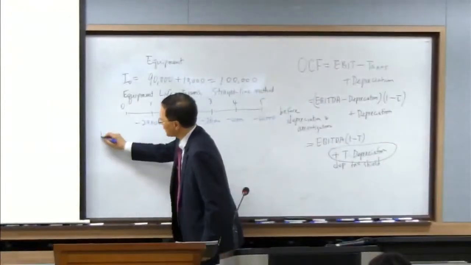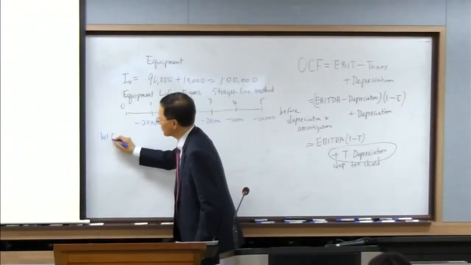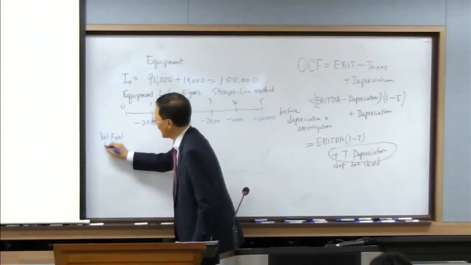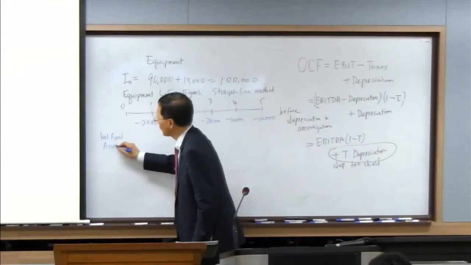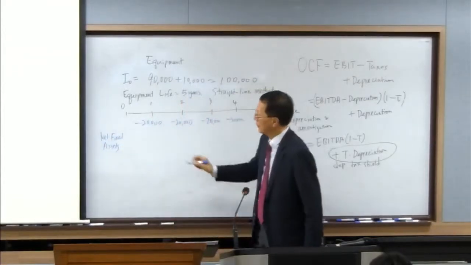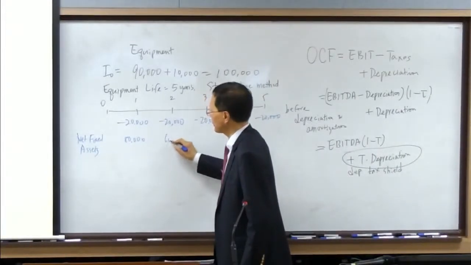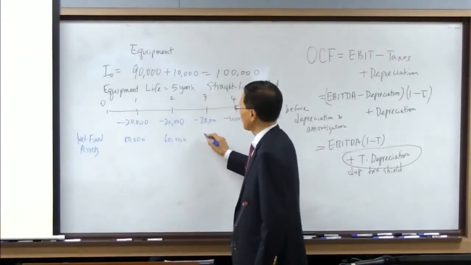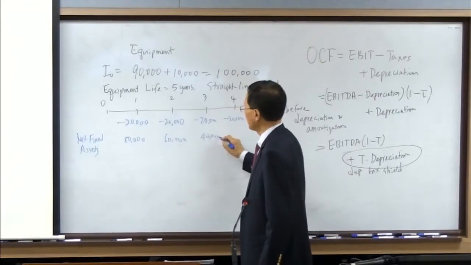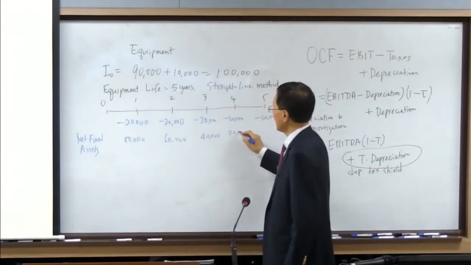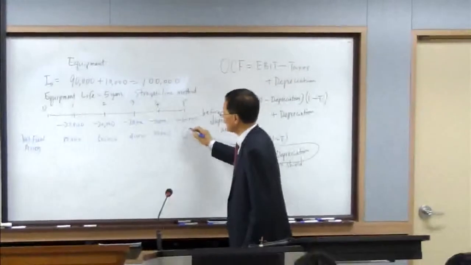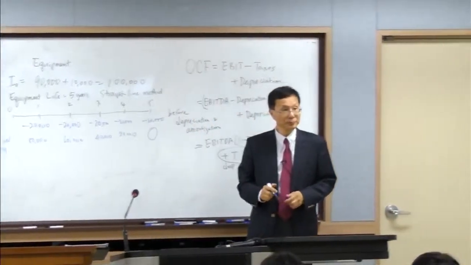So net fixed assets will be, at time 1, 80,000, then 60,000, 40,000, and 20,000. And in year 5, net fixed assets is 0.